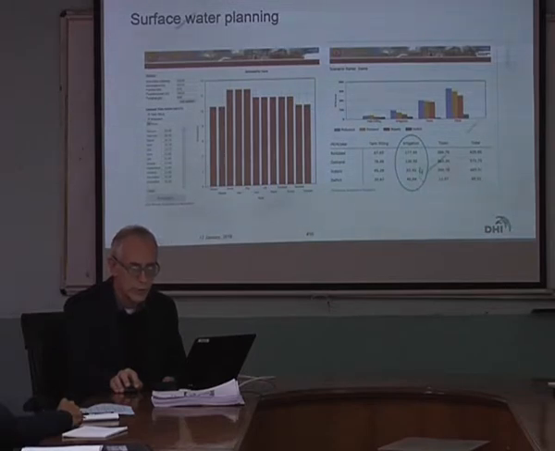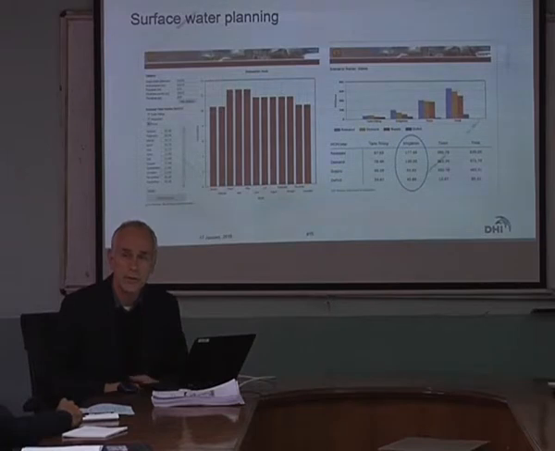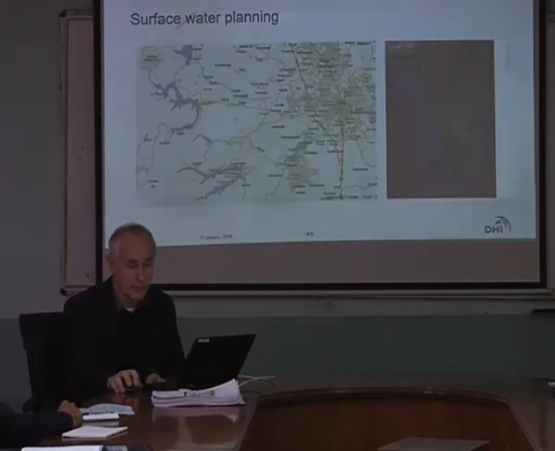So a lot of losses took place, and part of that was actually unauthorized users. They knew that there were people along the channel who were just pumping and using the water and didn't do anything about it. And that apparently happens, but at least they knew and had an estimate of how much it was.